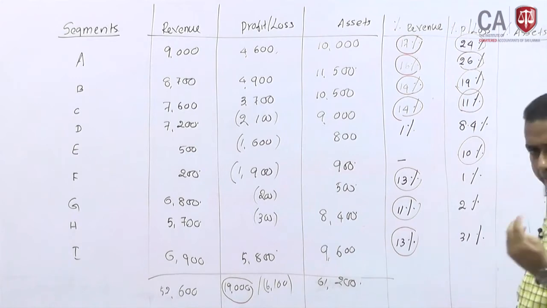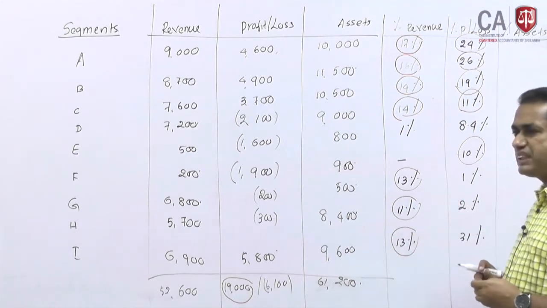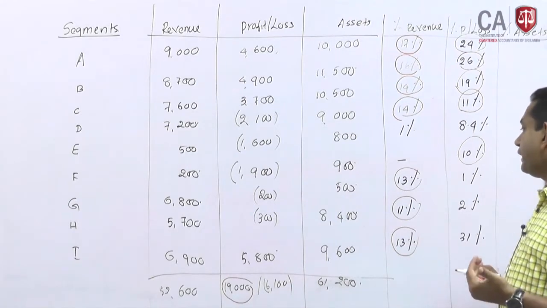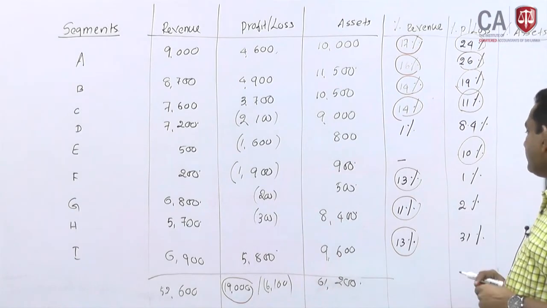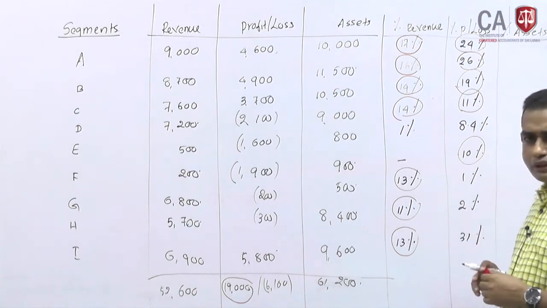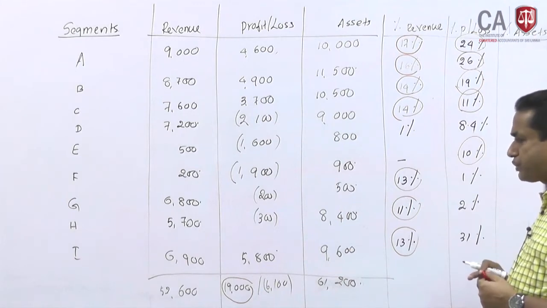G, and that is also an important point to be highlighted, became a reportable segment because its revenue is higher than 10%, it is 13% of the combined revenue. Now, it does not satisfy the profit quantitative threshold.